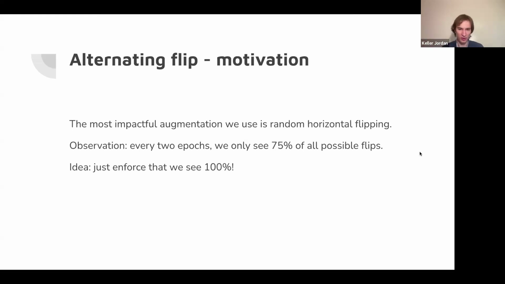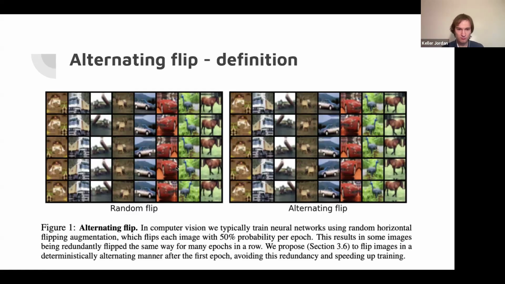This will probably be easier with a picture. It takes looking a bit closely here, but the left is normal random flipping. This represents 5 epochs in each case, showing how 8 examples are seen during 5 consecutive epochs. If you do random flipping, you get situations where for many epochs in a row, you get the same flip.